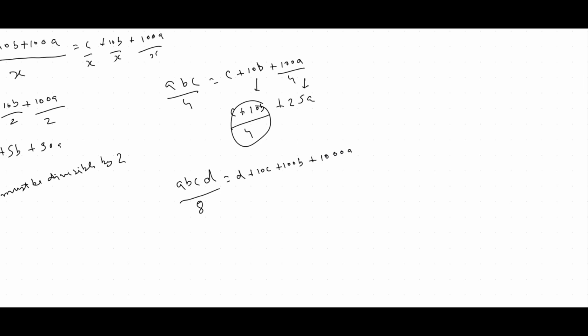Of course, 1000. 1000 by 8 is 125. But the last three digits, 100B plus 10C plus D, we don't know whether it's divisible by 8 or not. So for the whole number to be divisible by 8, only the last three numbers should be divisible by 8. We don't check the 1000 term because we know that it's of course divisible by 8.